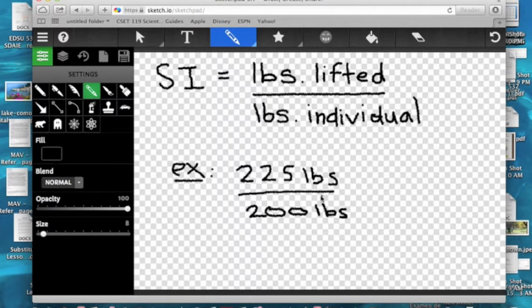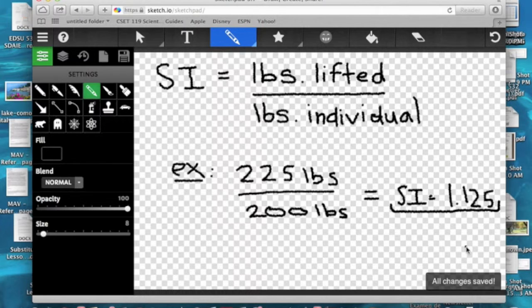So what you're going to do is pull out a calculator, divide 225 by 200, and it's going to give you an SI, we can go ahead and abbreviate it, equals 1.125, and this is going to be your final answer, and that's how you calculate it.